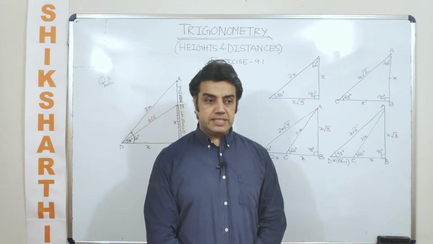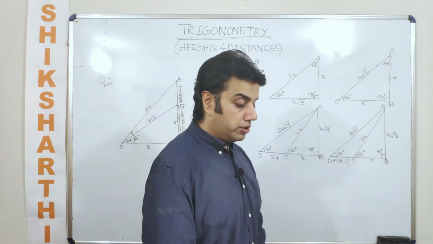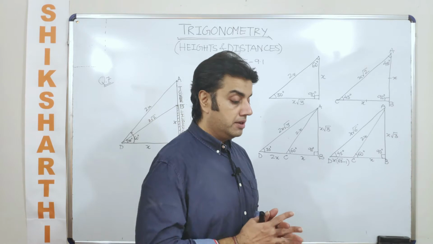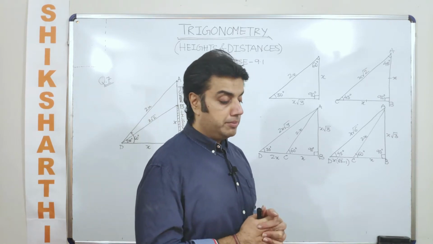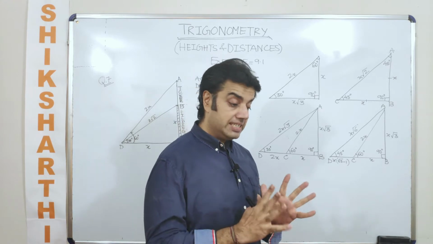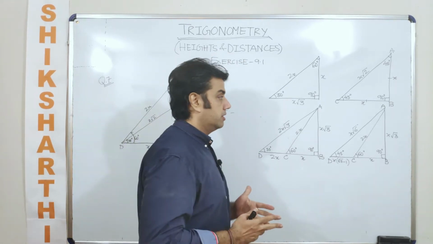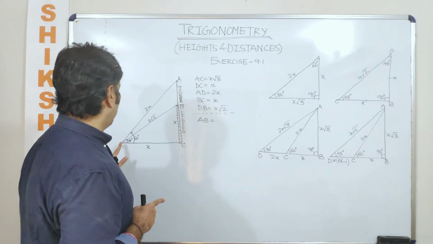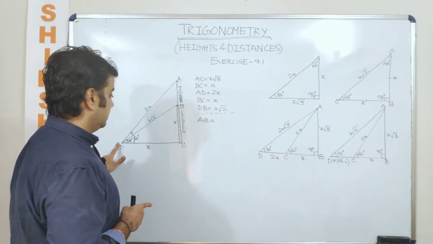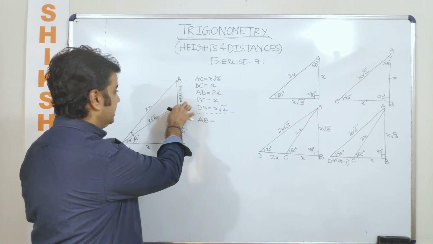Question number 7 says, from a point on the ground, the angles of elevation of the bottom and the top of a transmission tower fixed at the top of a 20-meter high building are 45 degrees and 60 degrees respectively. We need to find the height of the tower. So from a point on the ground here, this is a building, and on the building is a tower.